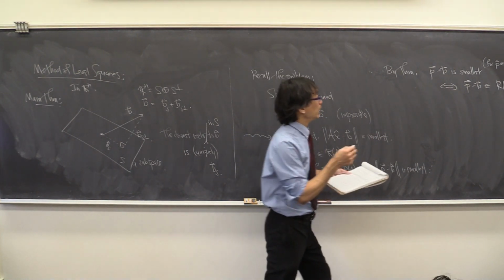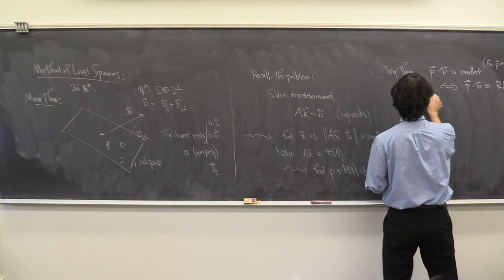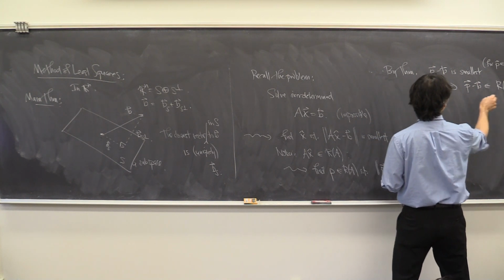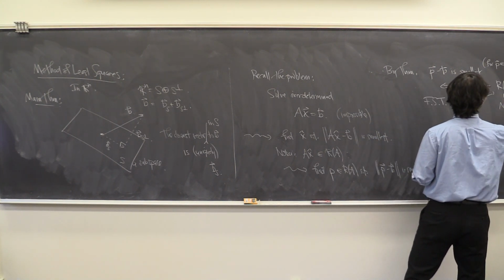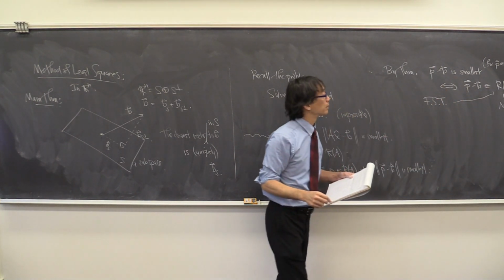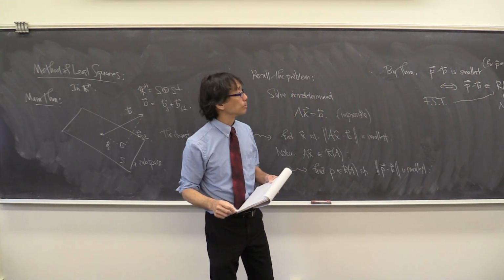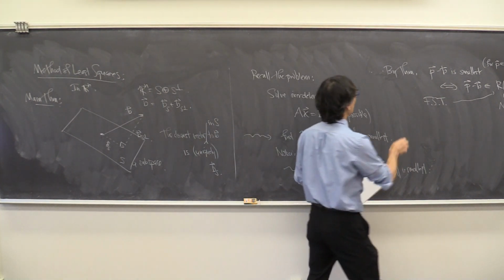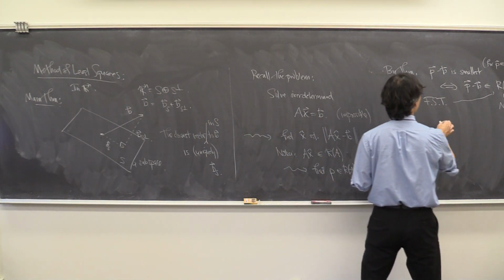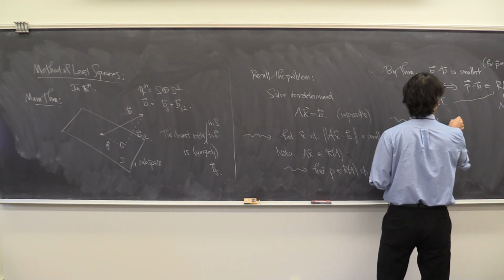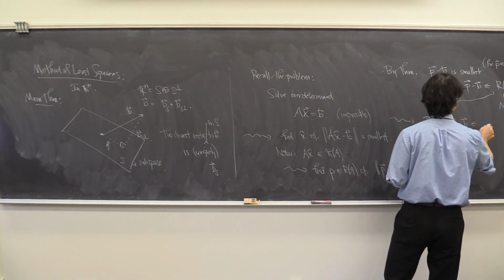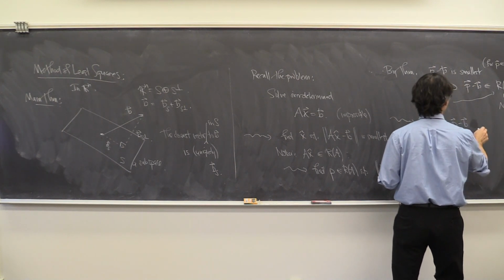Okay, but then you use the fundamental subspaces theorem, which says that this is the same thing as the null space of A. Okay, so again, we've changed the problem. We've now changed the problem to find P minus B in the null space of A, right?